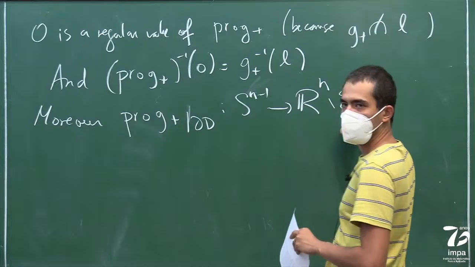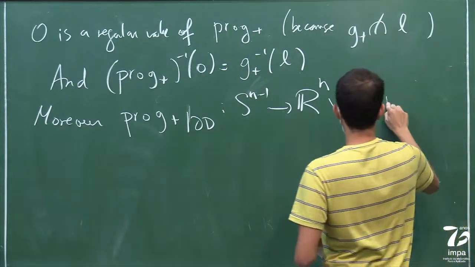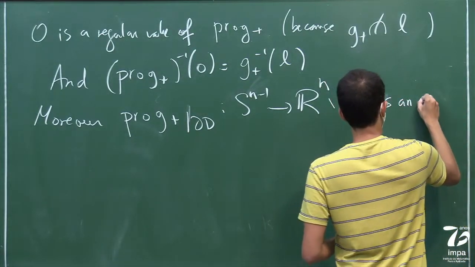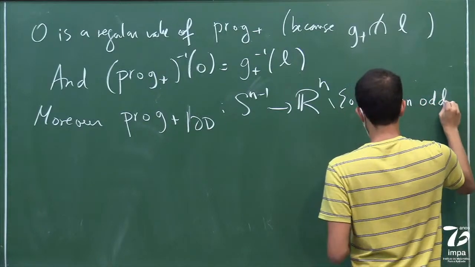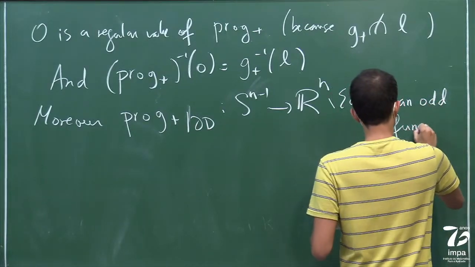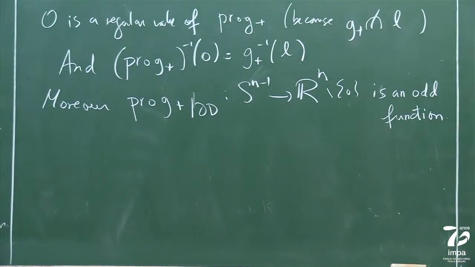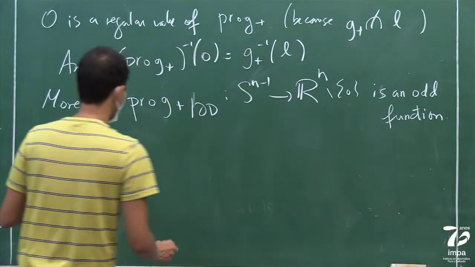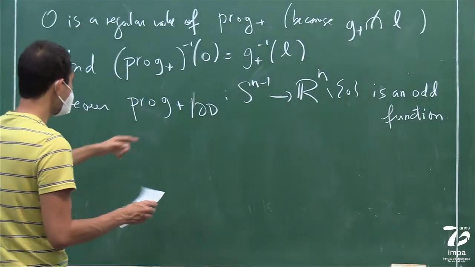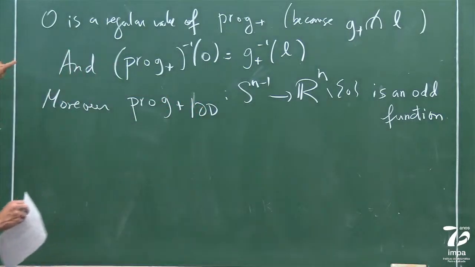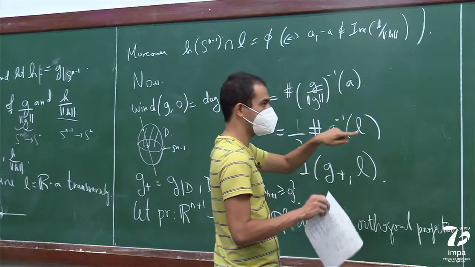It doesn't hit 0 on the boundary because L doesn't intersect the boundary of this D.